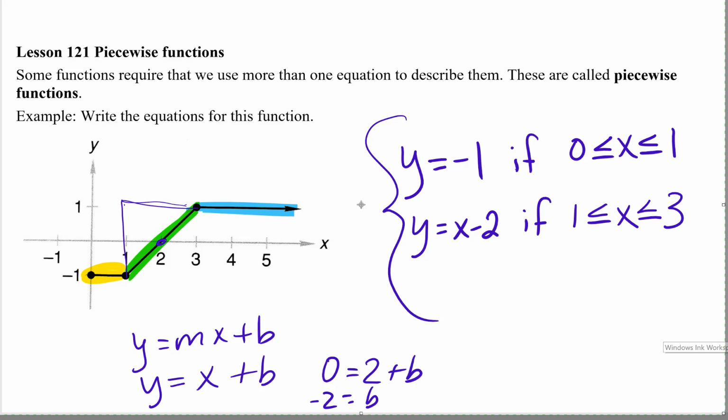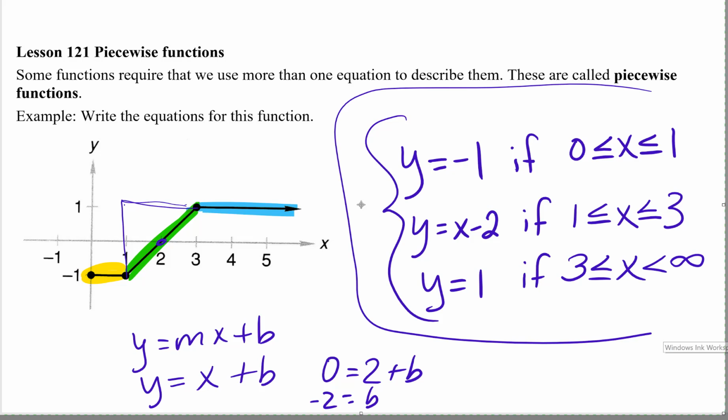And then the next thing is this horizontal line, y equals 1, and that's happening for all the rest of the numbers on the x-axis, as x goes from 3 to infinity.